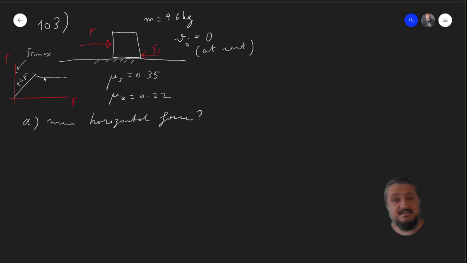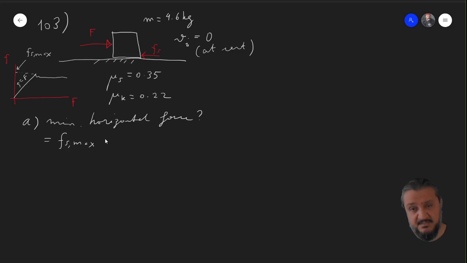So that's the minimum horizontal force we need to move it. So the minimum horizontal force needed turns out to be equal to the maximum friction force which is available from this system.